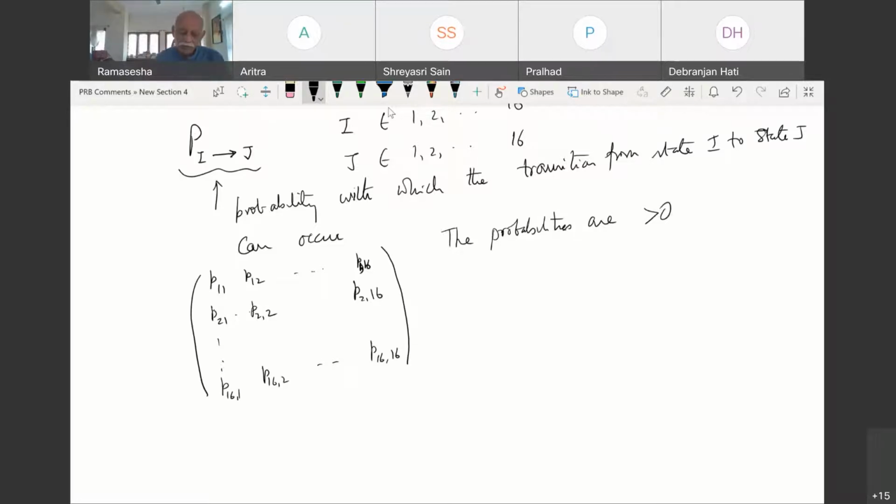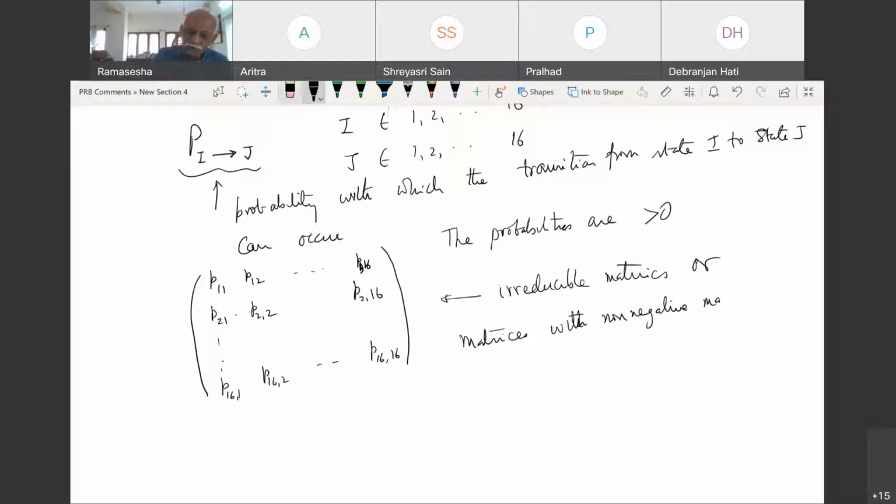So now, these are irreducible matrices, or matrices with non-negative matrix elements, or rather matrices with positive matrix elements, not non-negative. Let me say all of them are positive, there is no 0 anywhere.